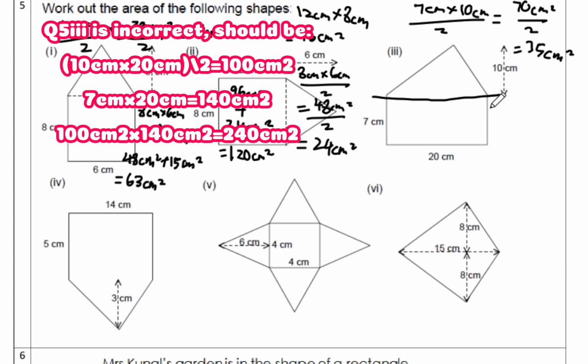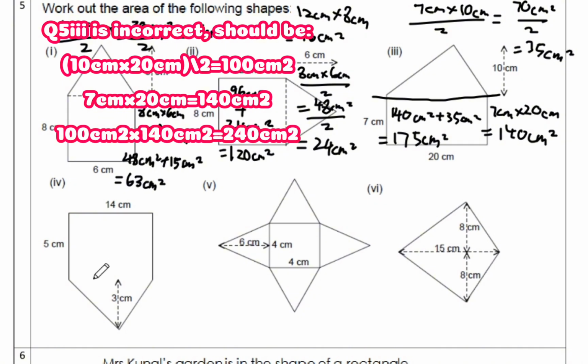And 7 cm multiplied by 20 cm, we get 140 cm square. So now we will add them together. So 140 cm square plus 35 cm square, we will get 175 cm square.